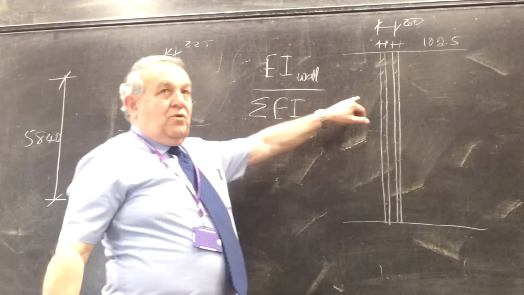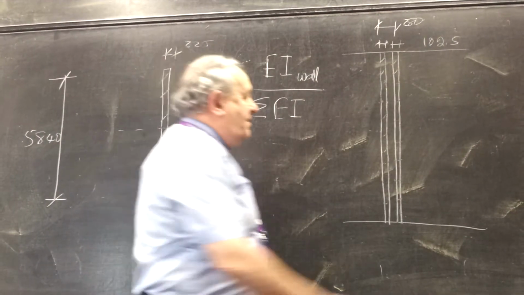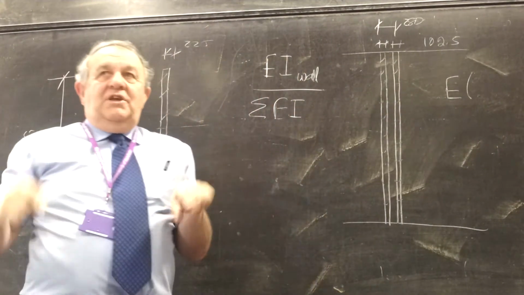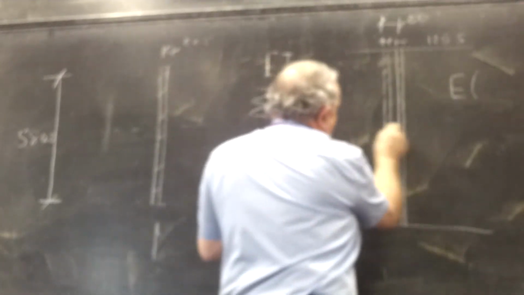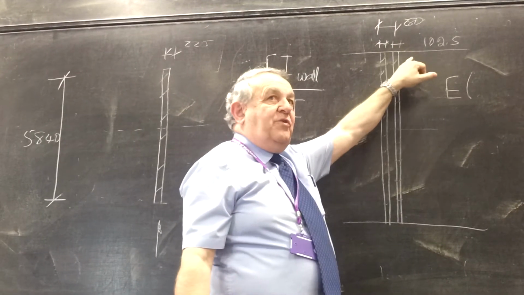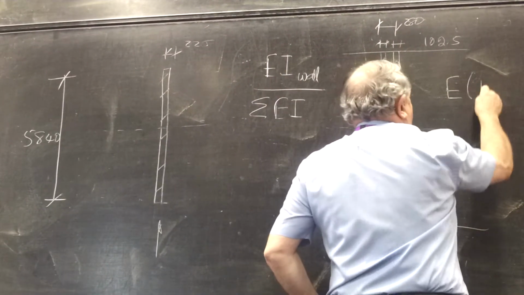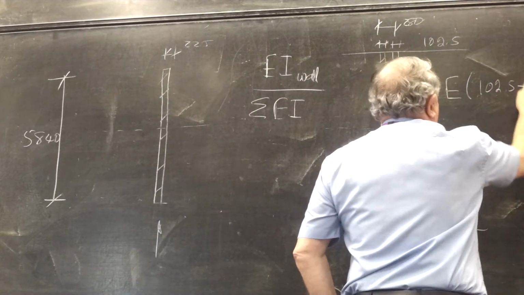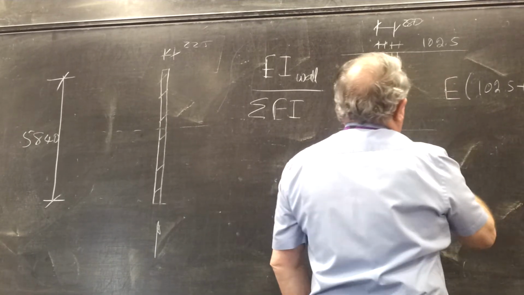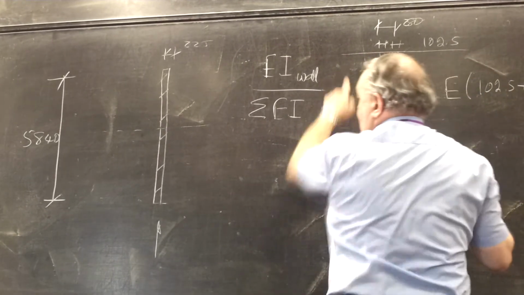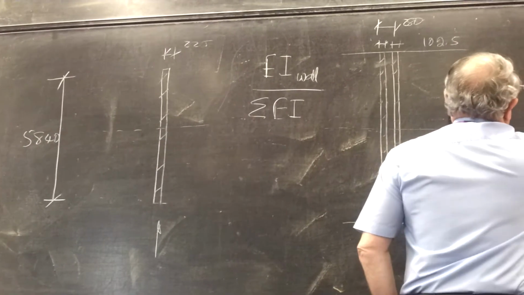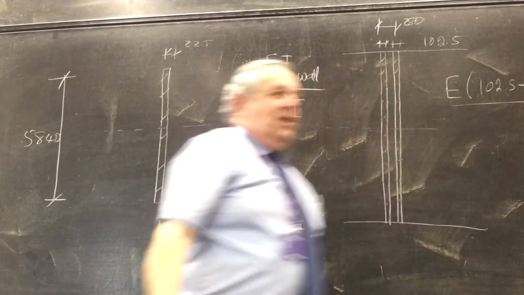So for a cavity wall like that, if we want to calculate its EI, it's E times B d cubed upon 12. Remember, we're bending it about this line here, so the B is the width of the material we've got in that direction there. So it'd be 102.5 plus 102.5, that's 205, and the depth is still 5840, over 12.